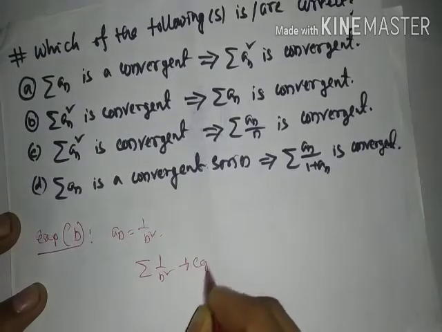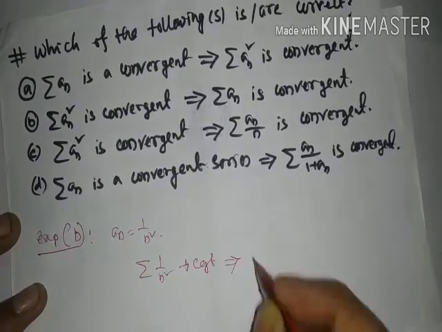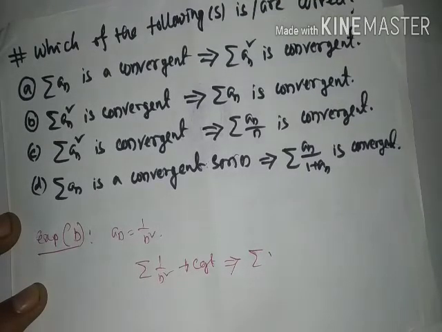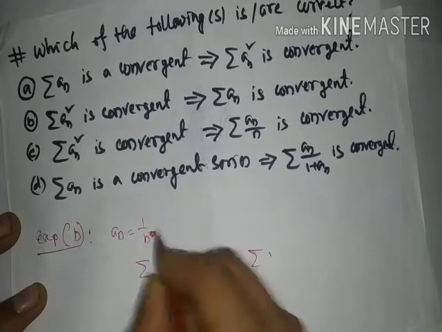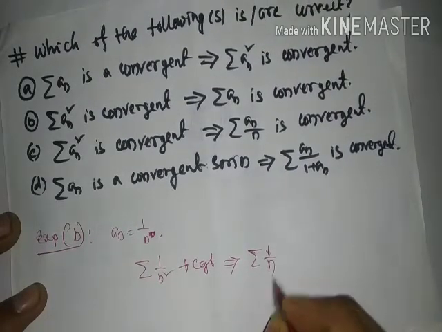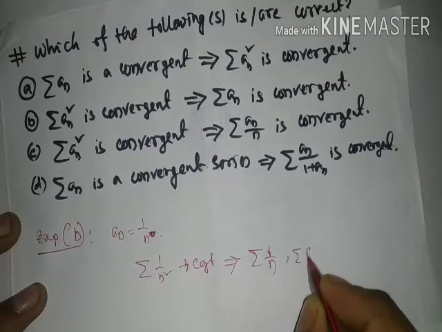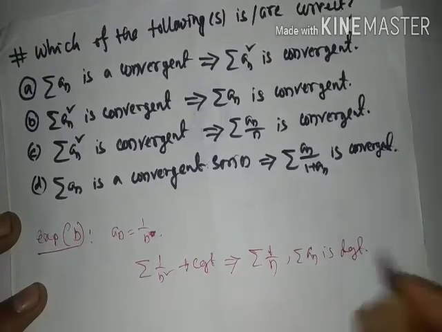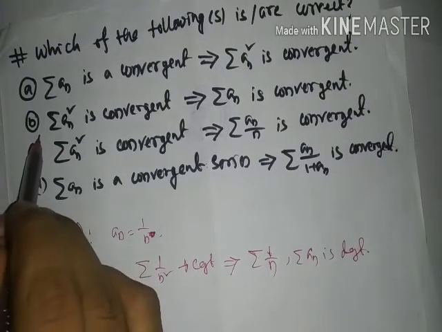This series is convergent, but if we take 1 by n, that is series a_n, it is divergent. So this option is incorrect.